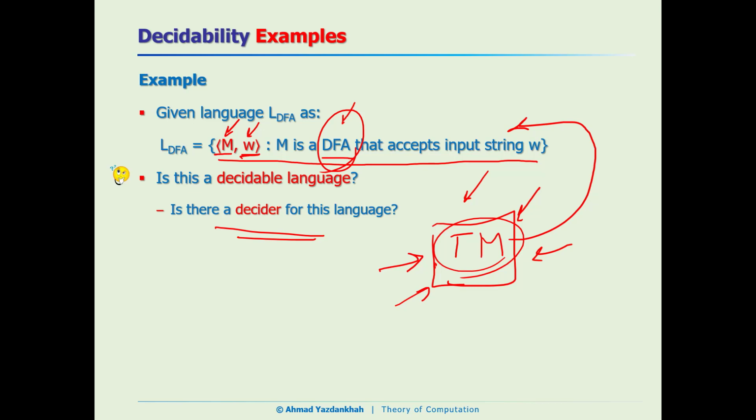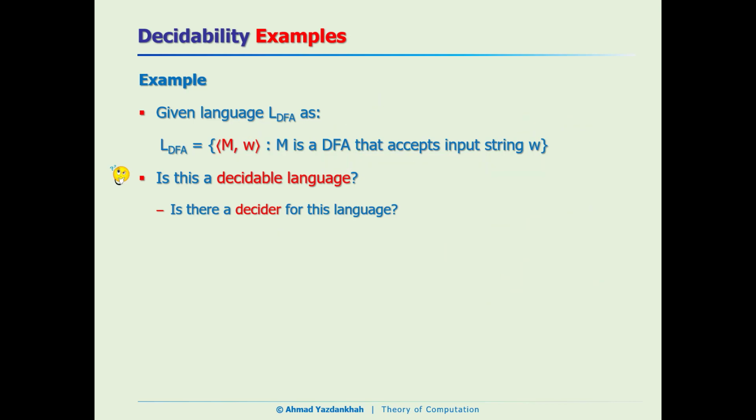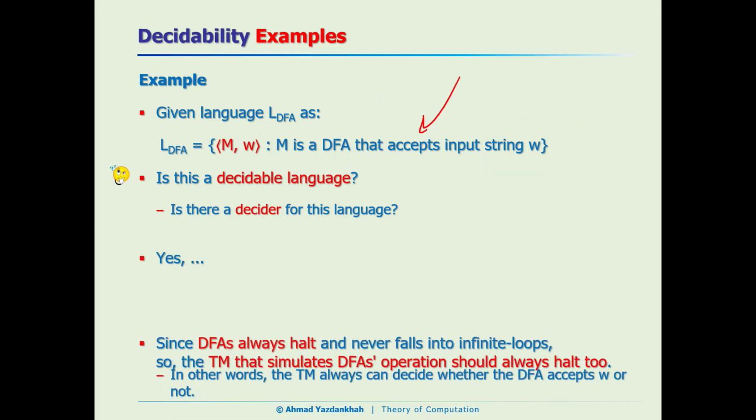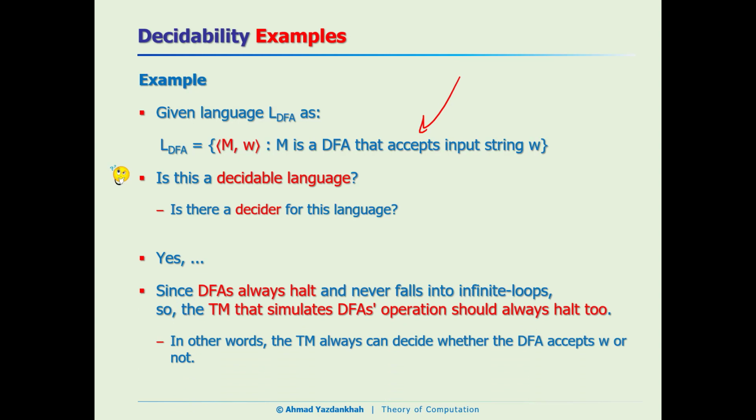Of course, we assume that we designed this Turing machine correctly. One more time, since a DFA never gets stuck in an infinite loop, the Turing machine that simulates it shouldn't either. So with 100% certainty, I would say this is a decidable language. It means that there is a decider for it.